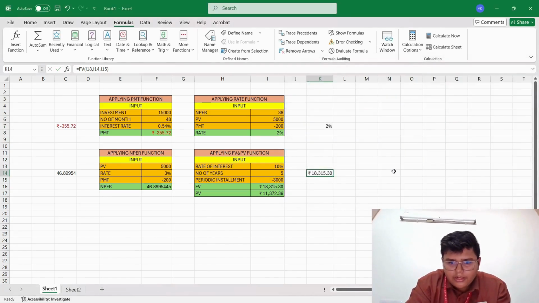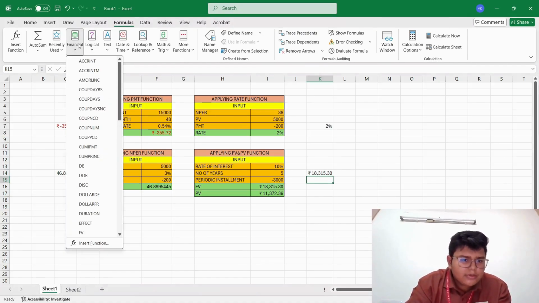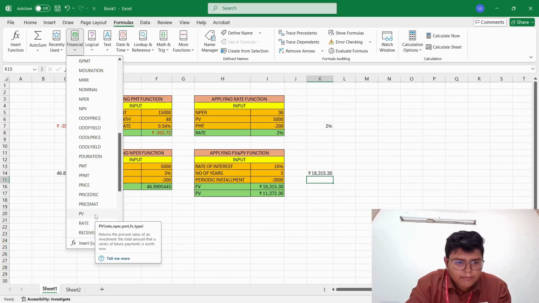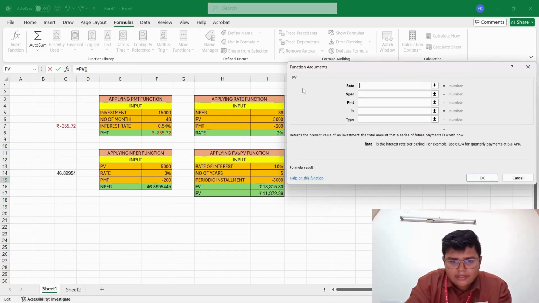Then we click OK. You got the exact value. And last but not least, it is PV, and the same way it is asking for the interest rate.